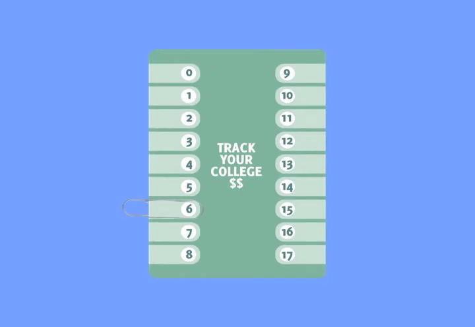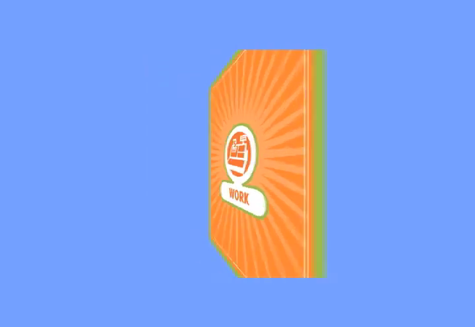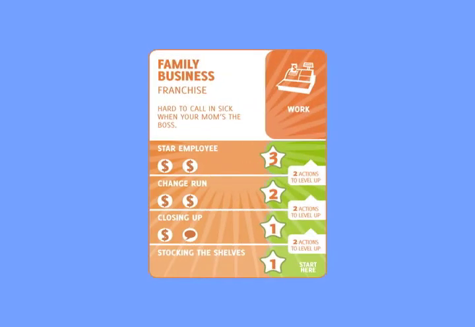So I just leveled up to a level that had a money symbol. I add 1 to my college account. Some of the work cards have more than 1 money symbol on the level. So if this has 2 money symbols, that means that when I level up to there, I get to add 2 to my college account.